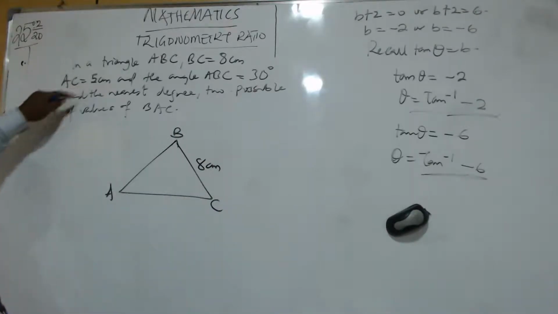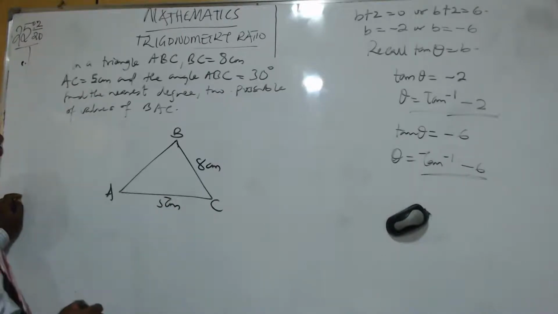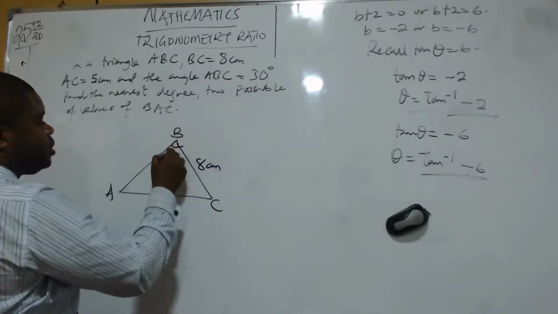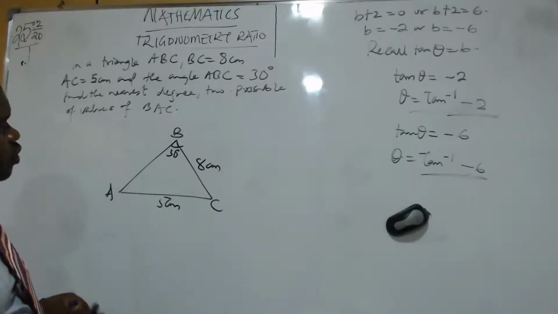Now, AC is 5 centimeters. Now, we have an angle ABC, so this angle here is 30 degrees. Find to the nearest degree two possible values of angle BAC.